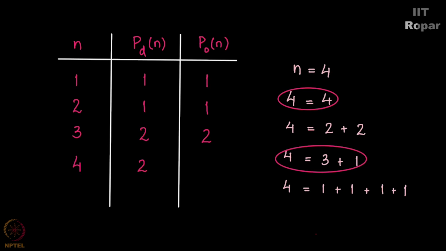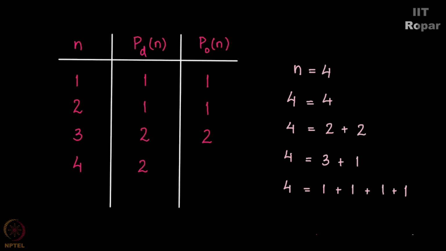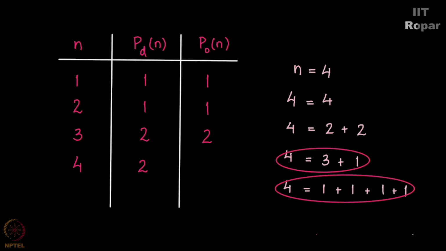So PD of 4 is 2. Now, observe these partitions, 3 plus 1 and 1 plus 1 plus 1 plus 1. They are the odd ones. Yes, it is very obvious. So we have PO of 4 as 2. 2 distinct and 2 odd.